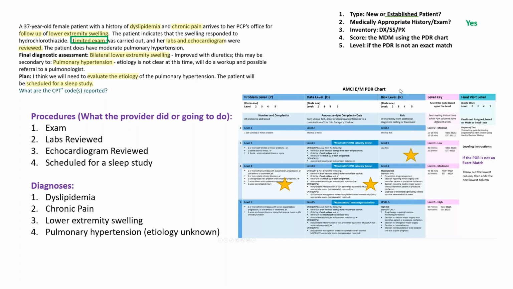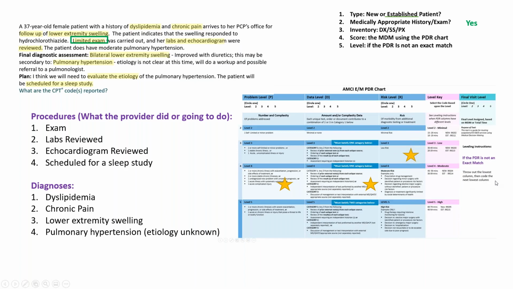Okay, so we have one thing left to do, and that is level. And the reason we have to level, see that purple over there? It says if the PDR is not an exact match, and our PDRs do not match exactly, we're going to have to level. And to level, you throw out the lowest column. That will be our risk because it's a low risk.